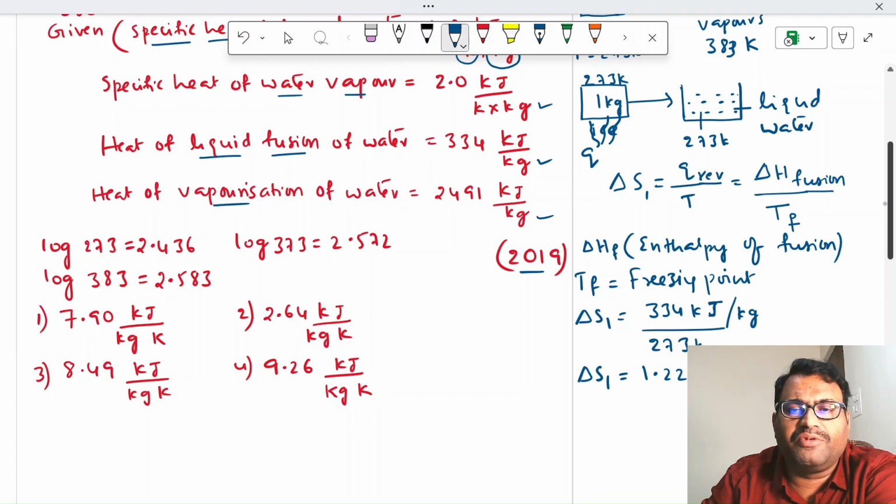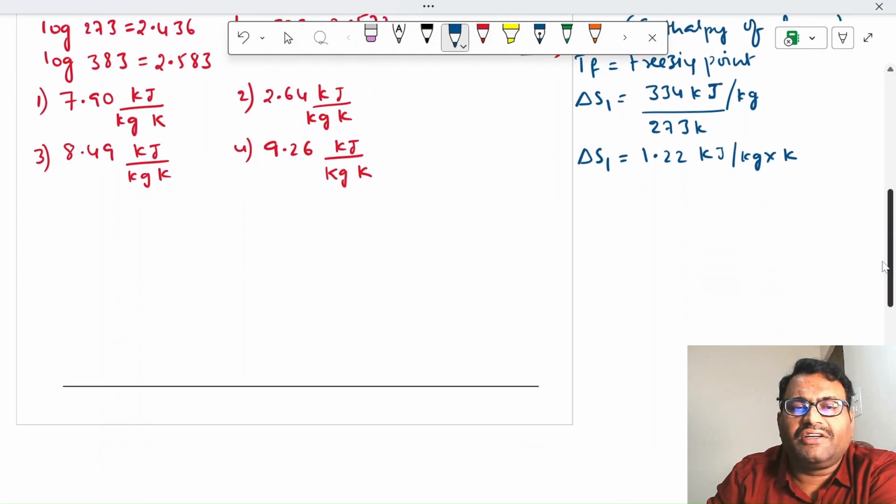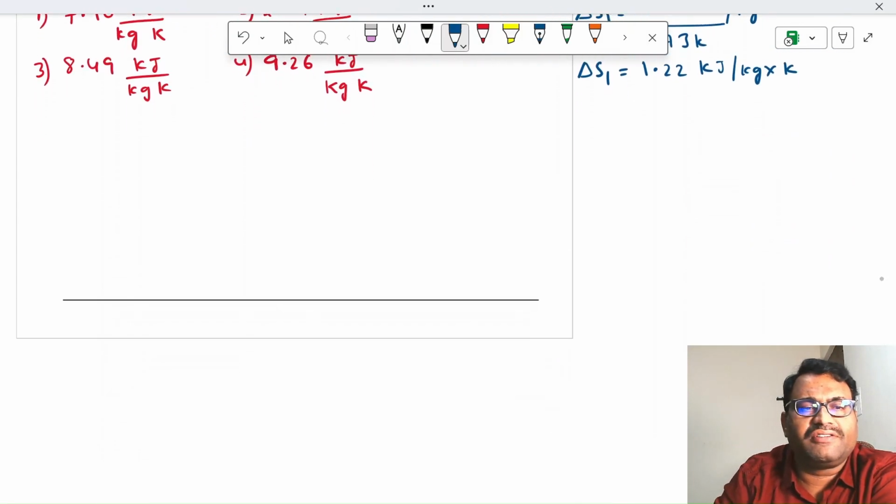Whatever heat you are giving to ice, the total heat is used for conversion from solid to liquid state. Its temperature does not rise until all the ice is converted into water. After converting all the ice into water, next what happens?